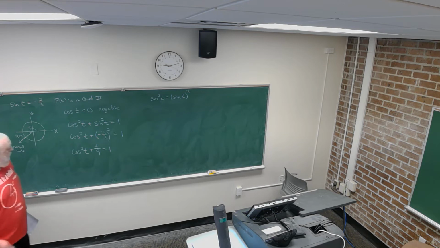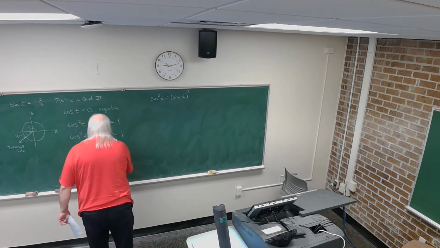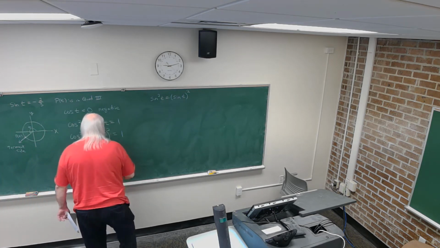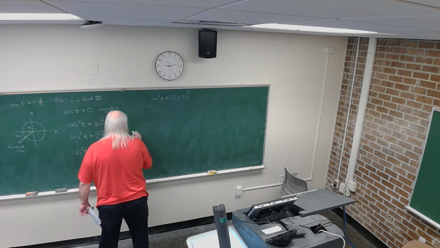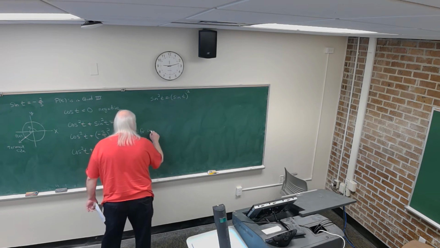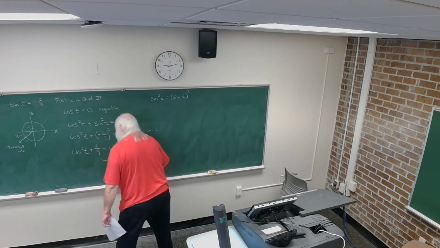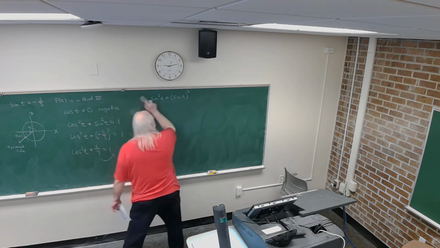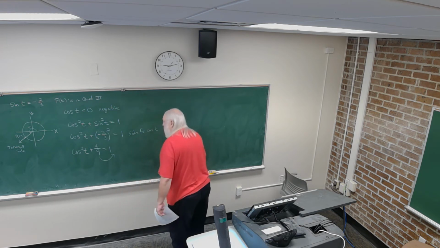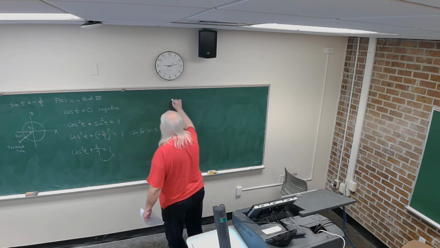Okay. And now, solve for cosine t. Should say the cosine of angle t. And I subtract 4/9 from both sides.